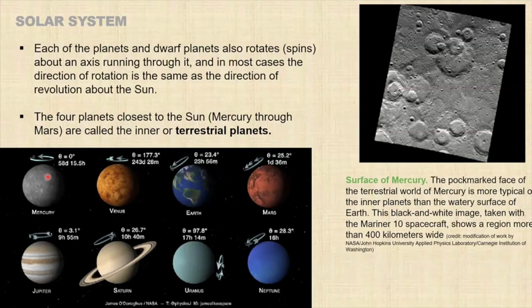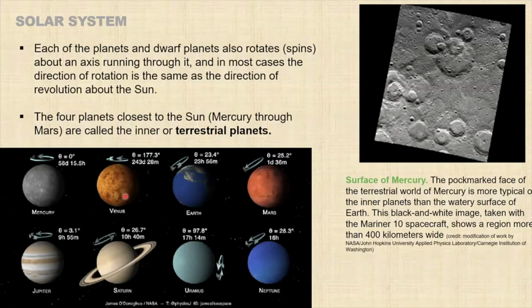If you look from the top, some planets rotate in the clockwise direction, while they orbit around the Sun in the counterclockwise direction. So the rotation and revolution directions are different, and that is Venus.